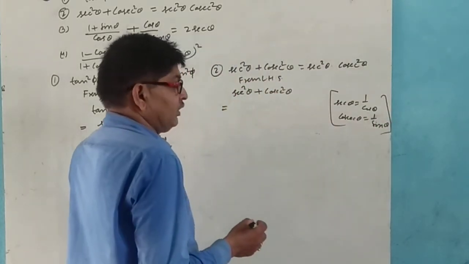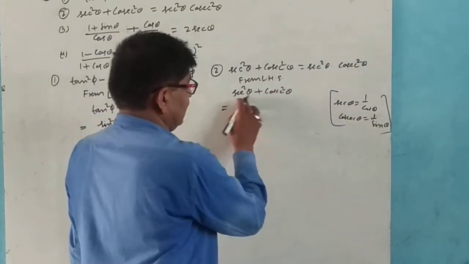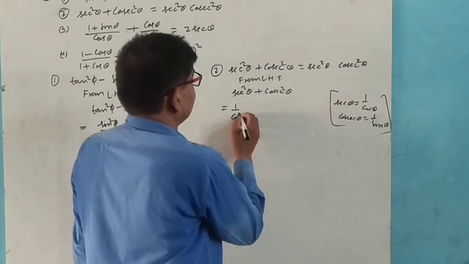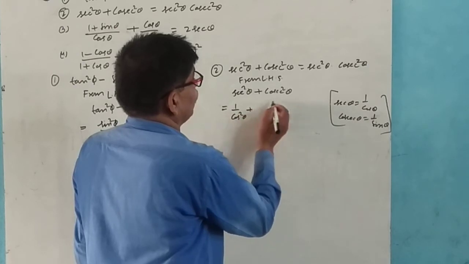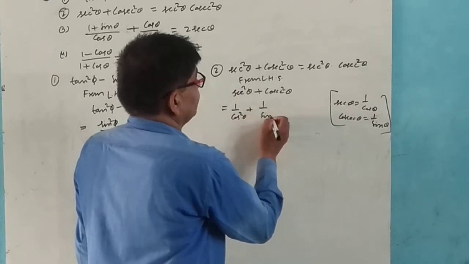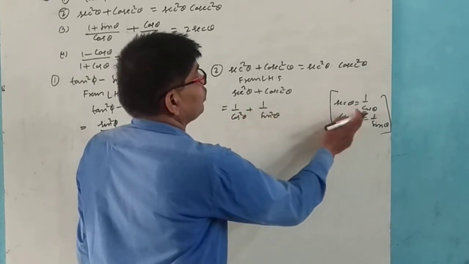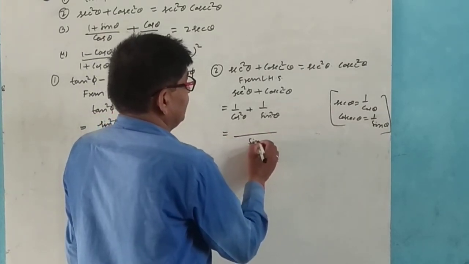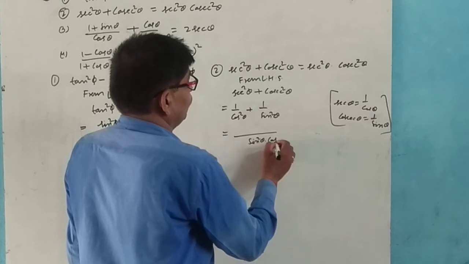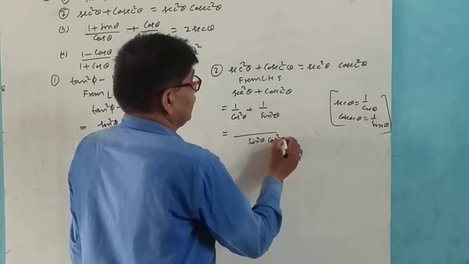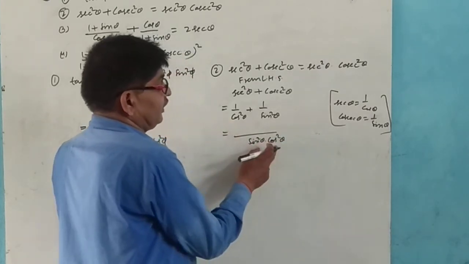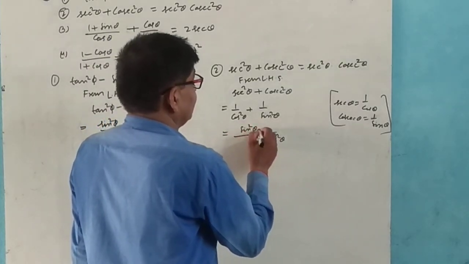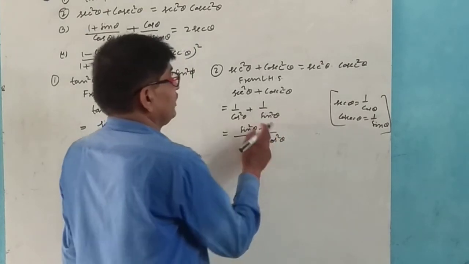This is the identity to use here. Sec square theta equal to 1 by cos square theta, and cosec square theta is 1 by sin square theta. We take the LCM, sin square theta into cos square theta; this divided by this comes here, sin square theta, this cancels, this here.